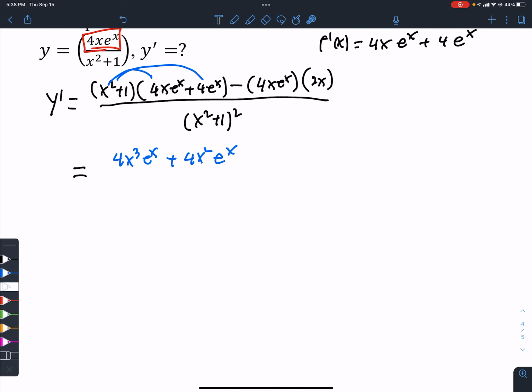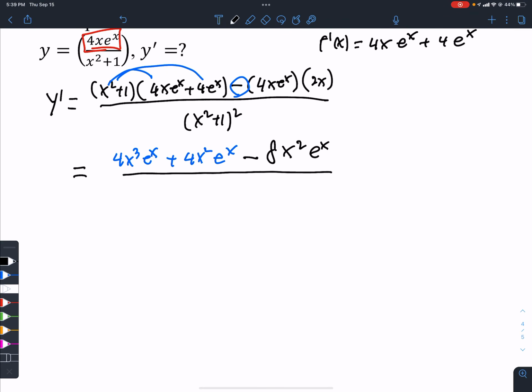All right, next I'm going to subtract, and I multiply these two together. So 4 times 2 is going to give me 8x squared, because x times x gets you x squared. And we have e to the x all over x squared plus 1 squared. Not bad.